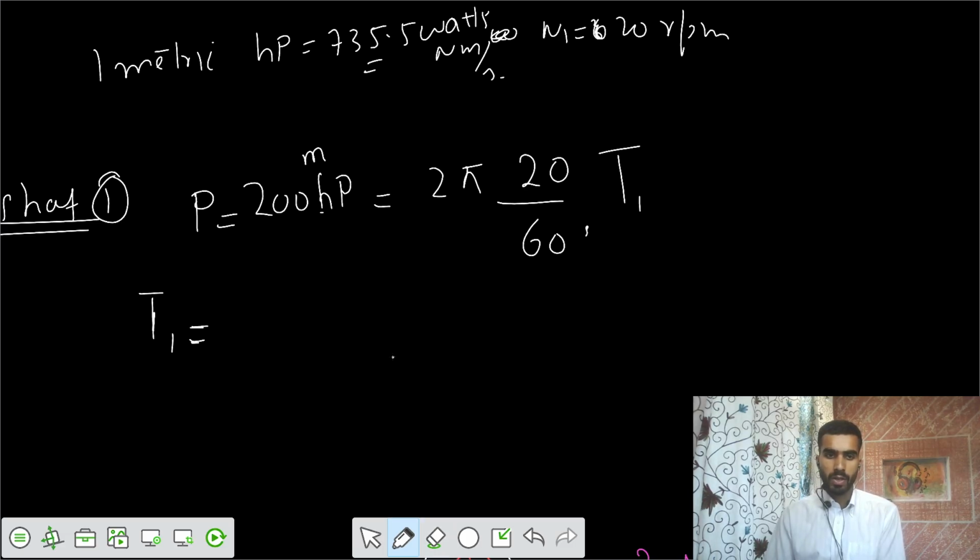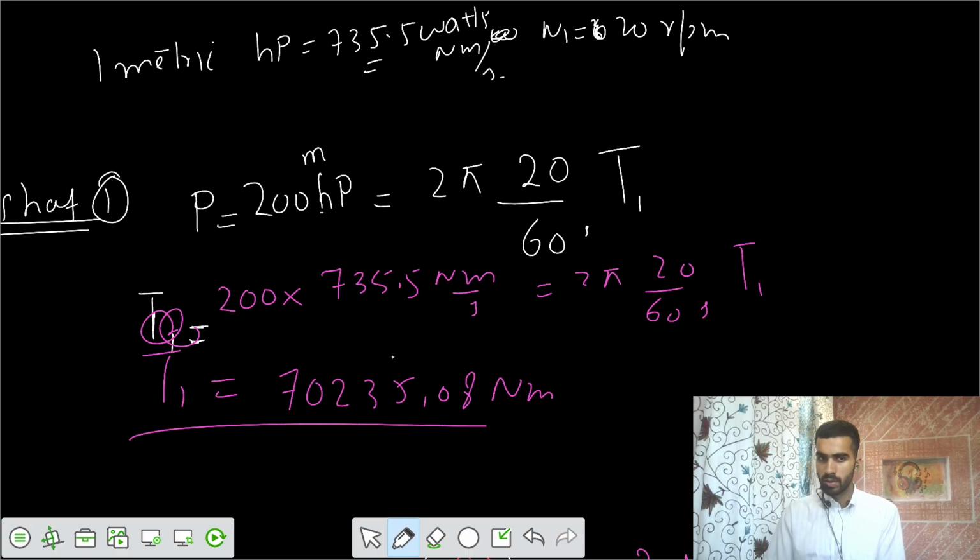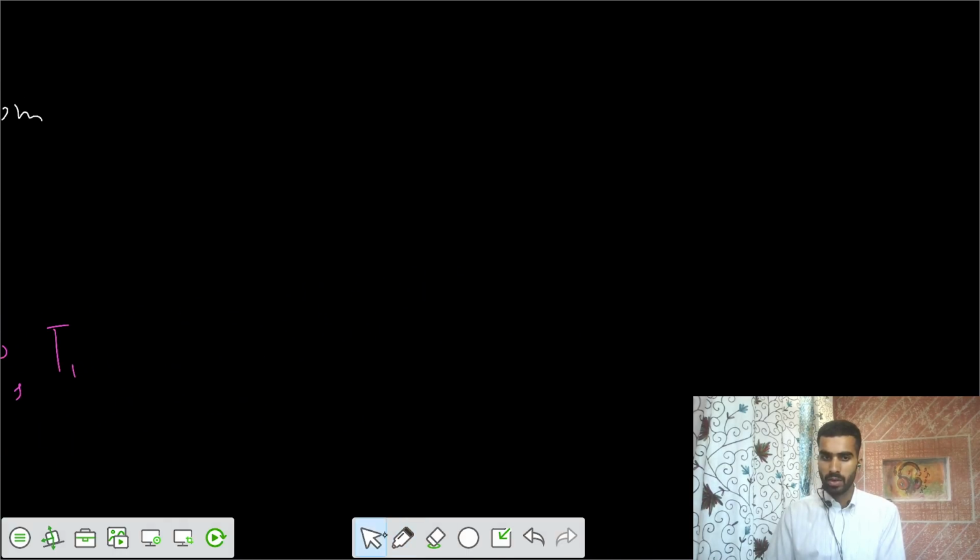So I can get the value of torque 1 from the equation: 200 into 735.5 Newton meter per second equals 2 pi 620 by 60 times torque 1. So you get a value of torque 1 equals 70235.08 Newton meter.